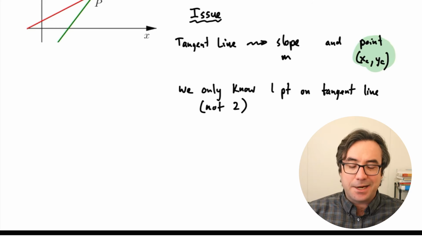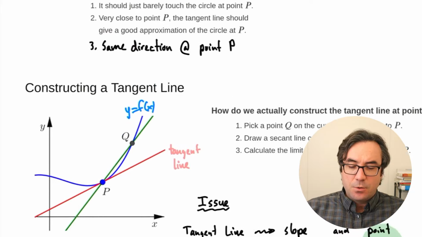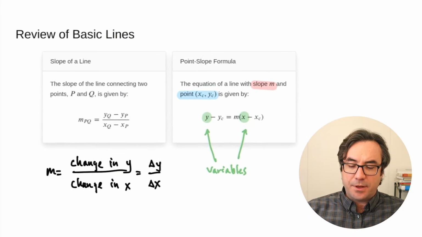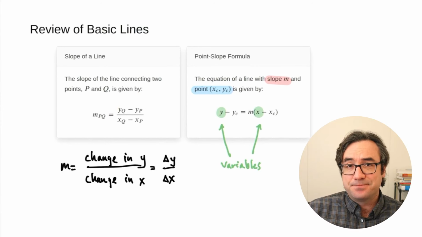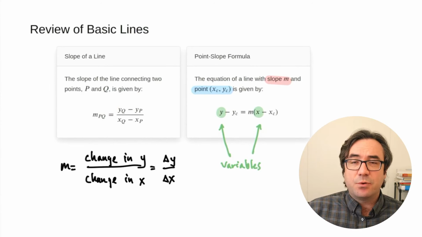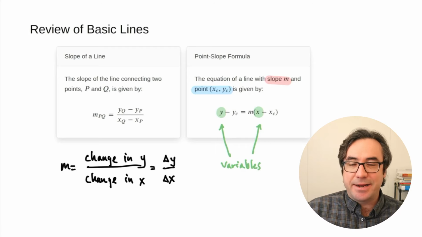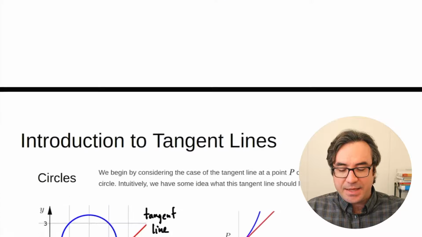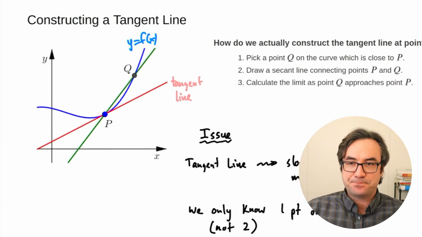So why is it a problem that we only know 1 point that's on our tangent line? Well, if we go back to our slope formula, it requires 2 points. So where do we get the second point from? Well, we're going to sneak up on it. And that's the idea of how we're going to construct our tangent line.